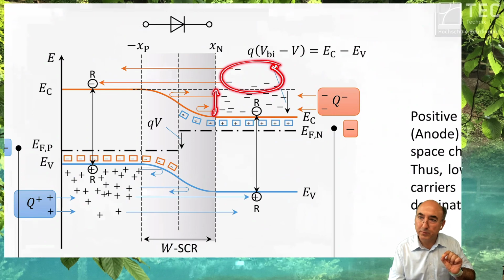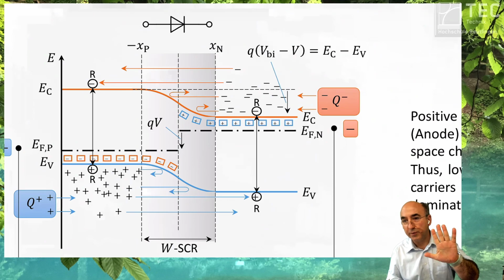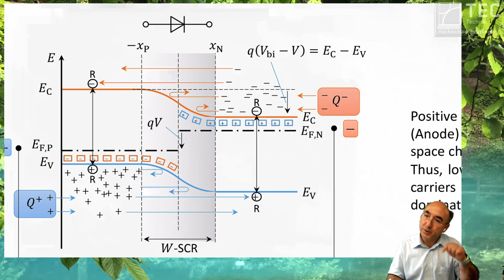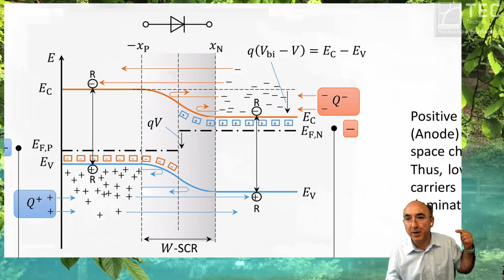Therefore, the diode current is exponential to the applied voltage. But this calculation we will do later, 4 or 5 slides later. At this point, you can already see this by having the Boltzmann approximation in mind.